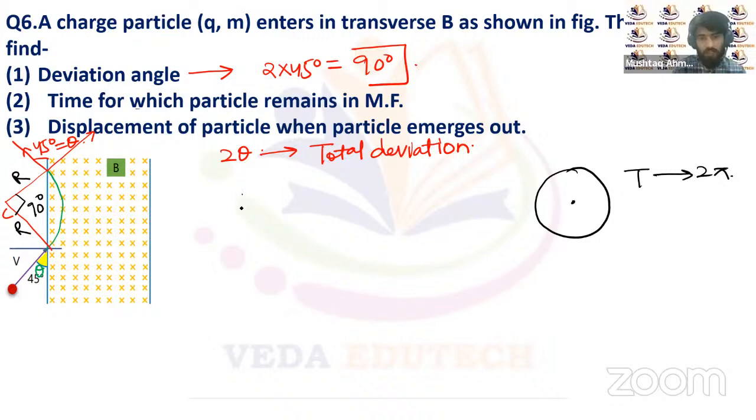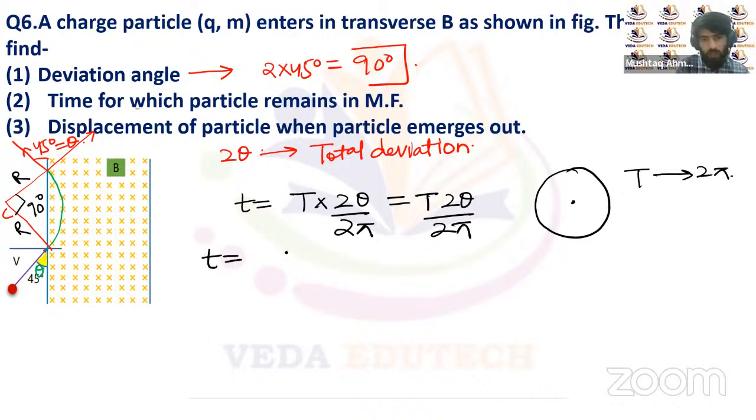It means that the time spent by this particle in this magnetic field will be T times the angle 2 theta upon 2 pi, right? That means that T is the time period. This will be the time spent by the particle in the magnetic field. That will be T times 2 theta upon 2 pi, or 2 and 2 will get cancelled.